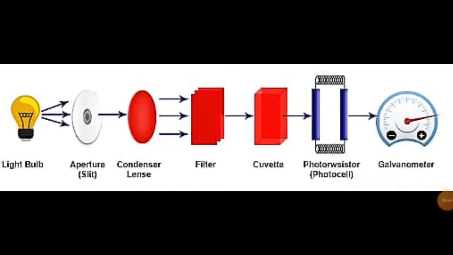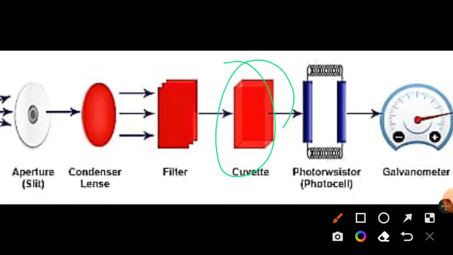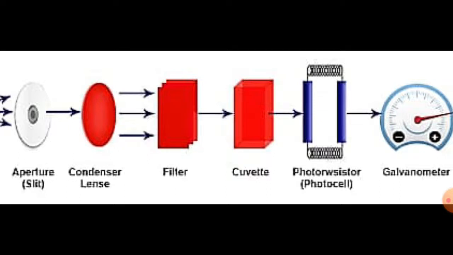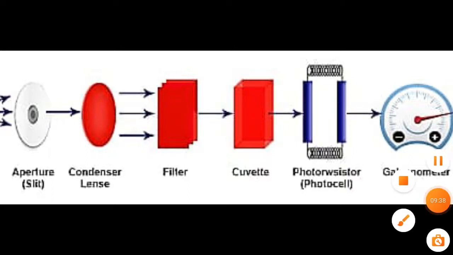Okay, so now it's time for Lambert-Beer law. First is Lambert's law. Lambert-Beer law is an important law for our absorption spectroscopy. As we are using the property of absorption to determine the concentration of the sample, that is why Lambert-Beer law is applicable here. Light is passing through the cuvette, some of the light is absorbed and some of the light is transmitted through the specimen.